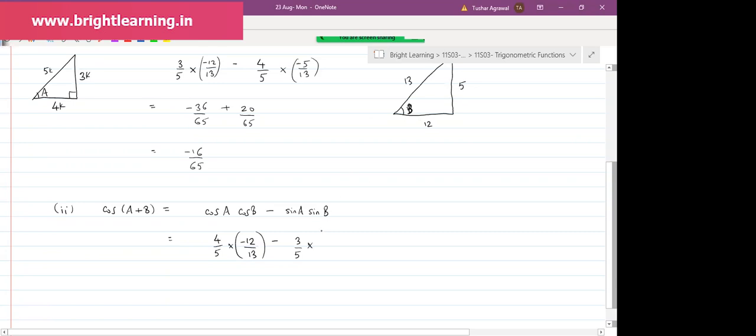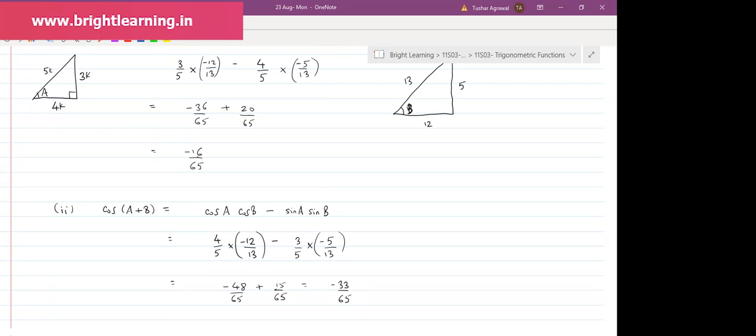Sine b magnitude is 5 by 13, in the third quadrant, so negative. So minus 48 upon 65, minus of minus 15, so plus 15 upon 65. This becomes minus 33 upon 65.